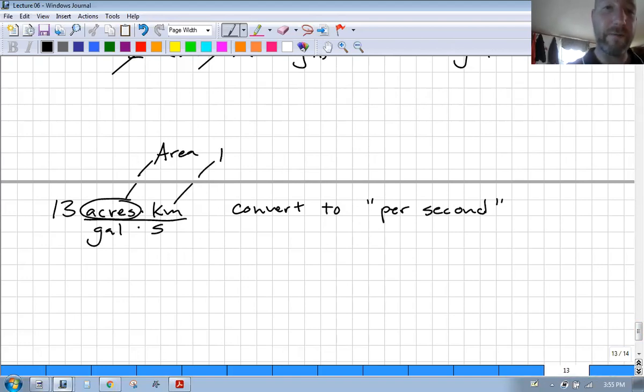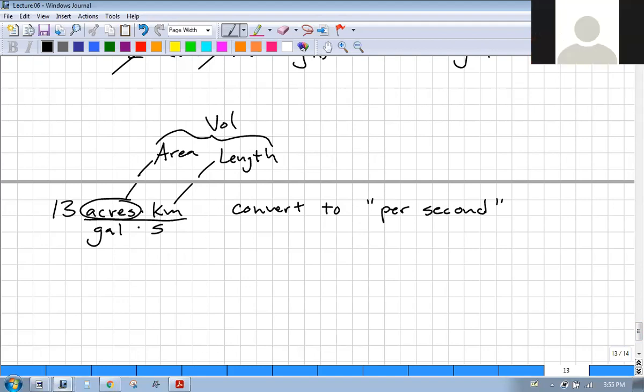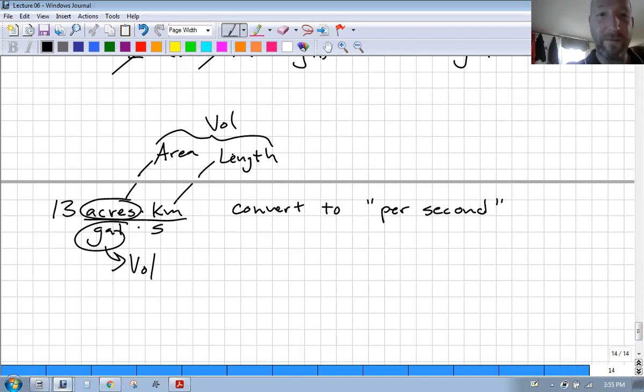Kilometers is a length. If you multiply an area times a length, you get a volume, don't you? Yes. And that's what you use to measure gallons, right? The volume. Also a volume, that's right.